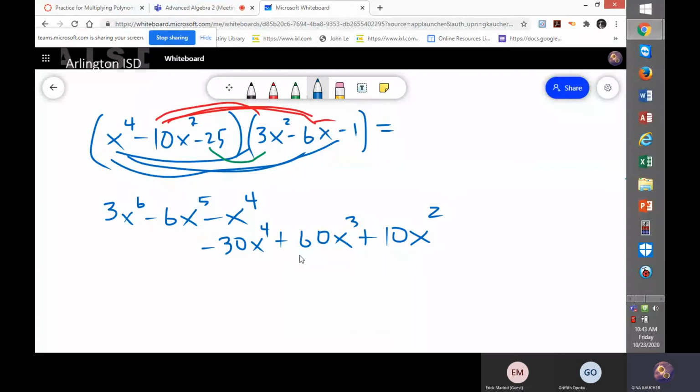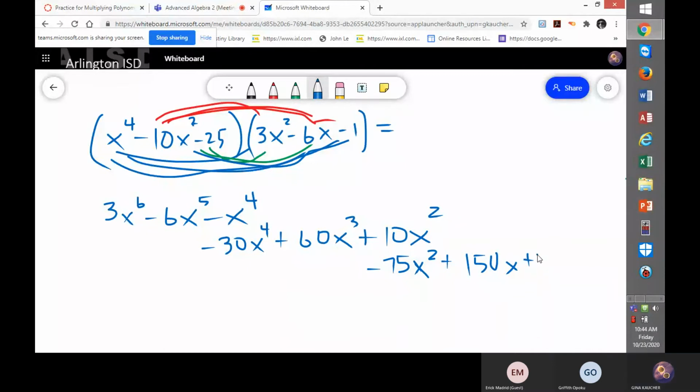So negative 25 times 3x squared would be negative 75x squared. So we're going to put that with the x squared column. Then you have negative 25 times negative 6x. That's our plus 150x. Then you have negative 25 times negative 1 would be plus 25.